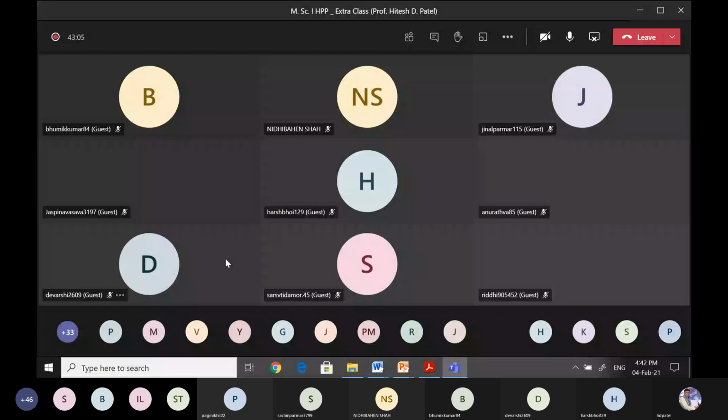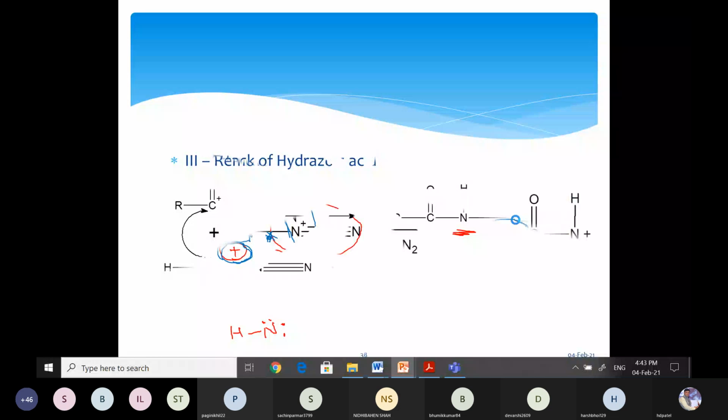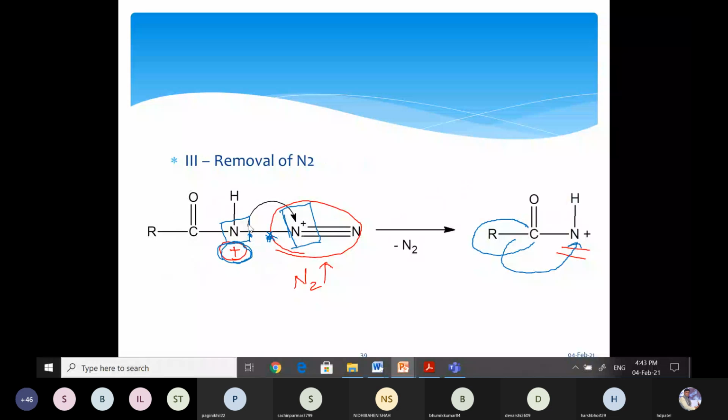So now we are having this structure, RCONH N plus triple bond N. Here we can see nitrogen having positive charge, which means it has a deficiency of electron. So nitrogen will pull electron from the neighboring nitrogen, and as a result this nitrogen becomes positive.